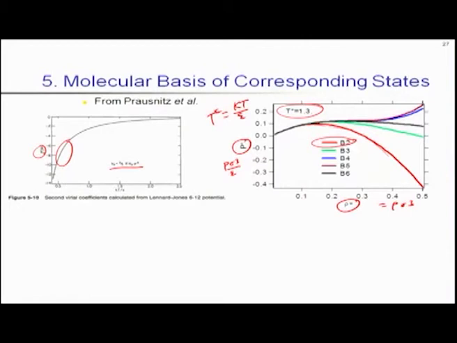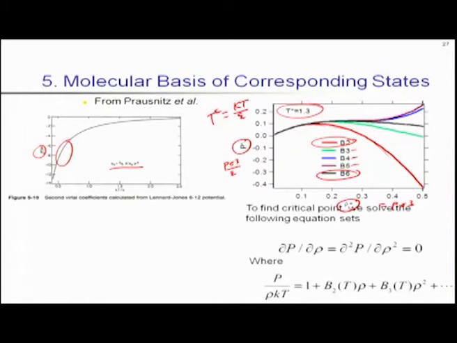As you include more Virial coefficients, we observe an inflection point, which only occurs when you include B4 and B5. When you include B6, you don't see that change in curvature as seen in B4 and B5. So the Virial coefficients make the equation of state very sensitive, particularly near the critical point.